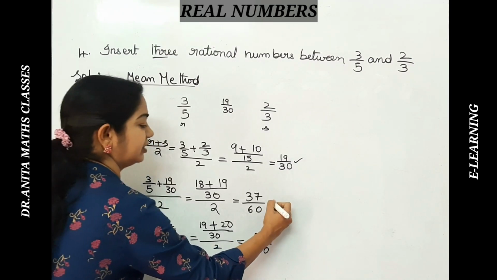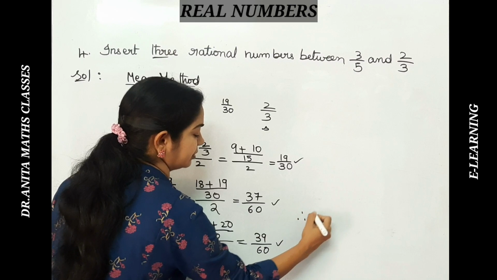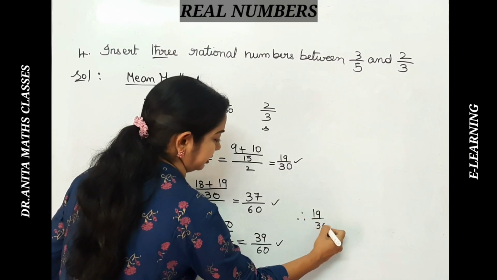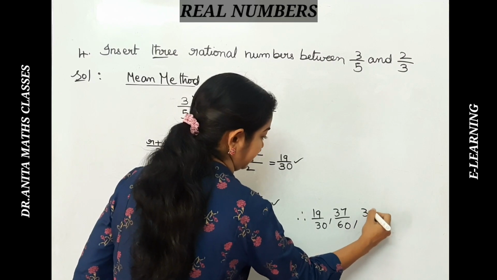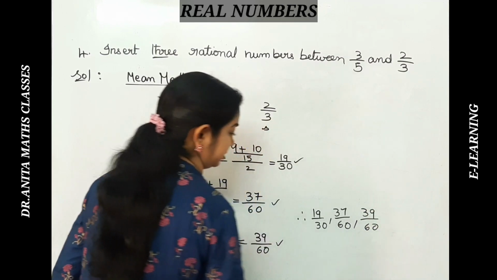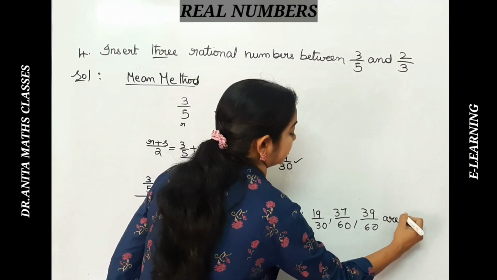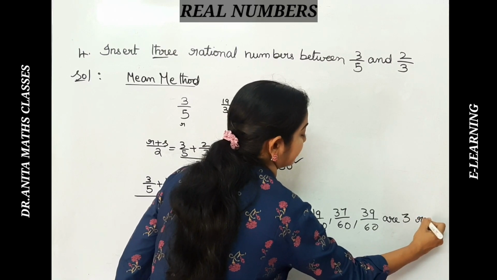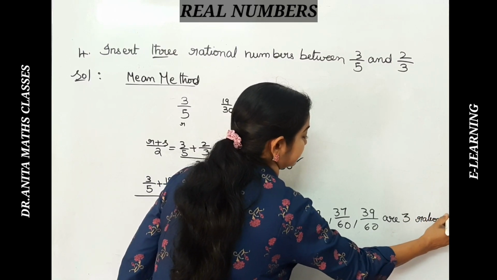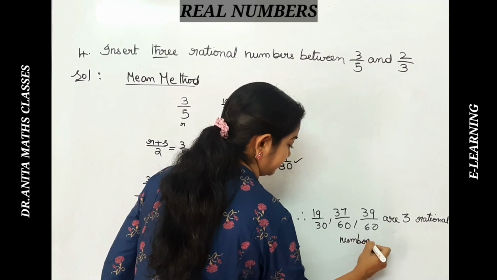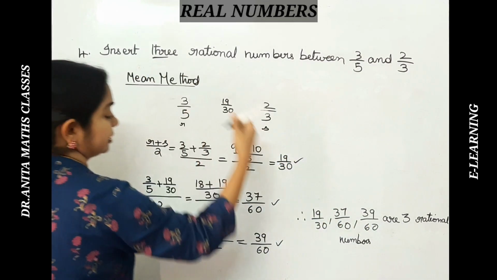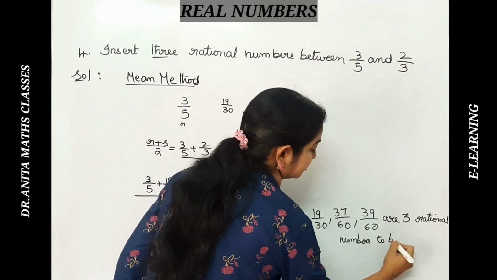So these are the 3 numbers. Therefore, 19 upon 30, 37 upon 60 and 39 upon 60 are the 3 rational numbers to be inserted.